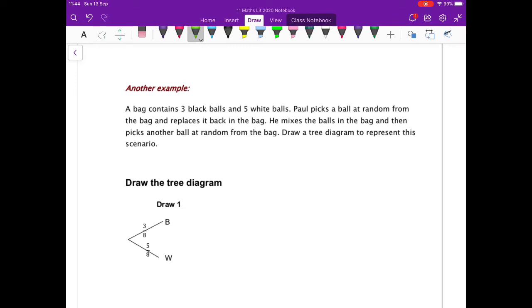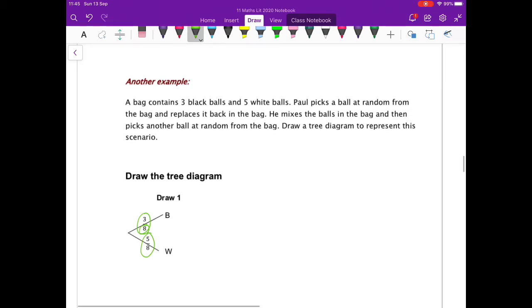So the first thing we're going to do is draw the tree diagram to represent this scenario. So for his first draw, there are 3 black and 5 white. So in total we have 8 balls in the bag. 3 are black, so it's 3/8 are black and 5/8 are white.